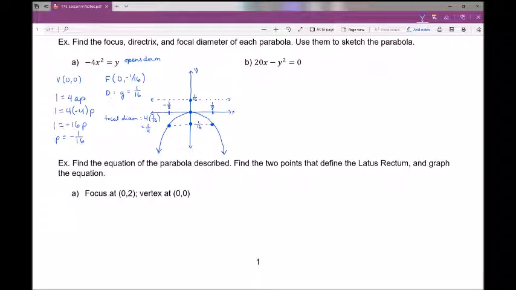Okay, so the 2 points that define the focal diameter are going to be (positive 1/8, negative 1/16) and (negative 1/8, negative 1/16). Okay, so those are the 2 points that define the focal diameter.